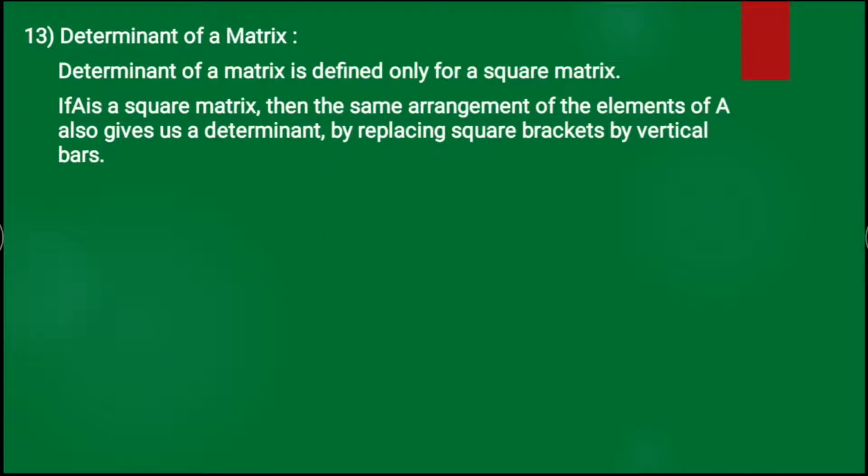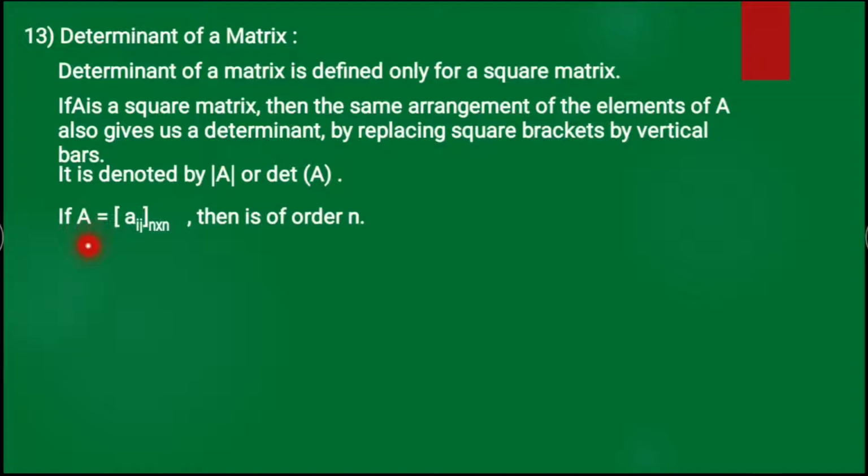While writing the determinant, we have to write the elements of the matrix in vertical bars. It is denoted by determinant of A, that is A in vertical bars, or we can write the short form of determinant, that is det, and here in brackets we write the name of the matrix. So det(A).